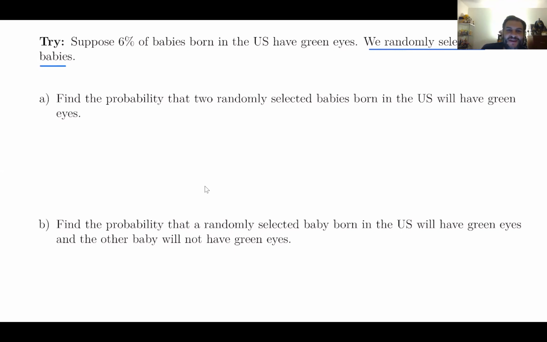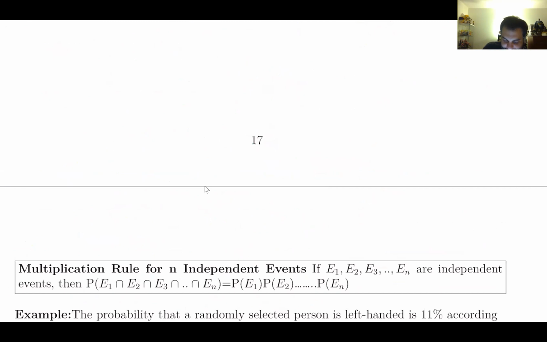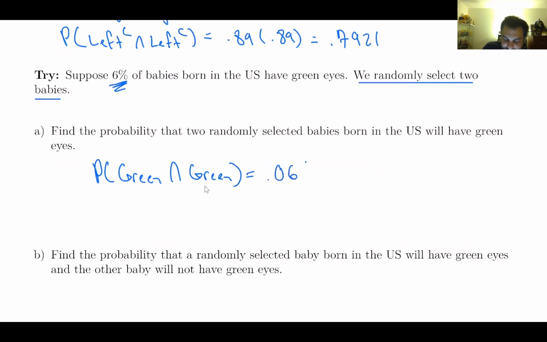So the first one says, find the probability that 2 randomly selected babies born in the US will have green eyes. We want the first baby to have green eyes, and we want the second baby to have green eyes. The probability that the first one has green eyes, remember, you want to take that 6% and convert it into a decimal, so you get 0.06.